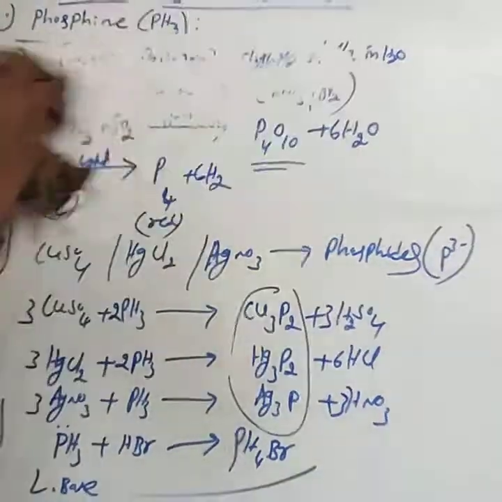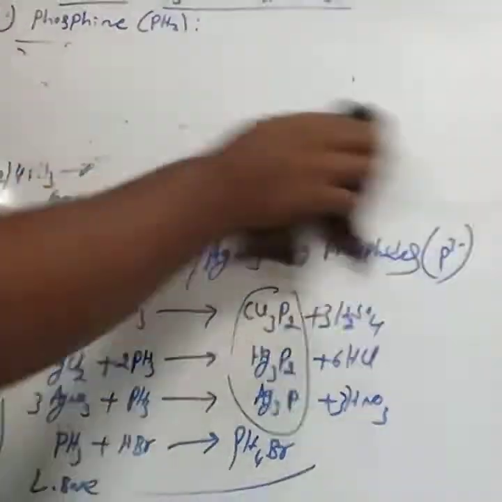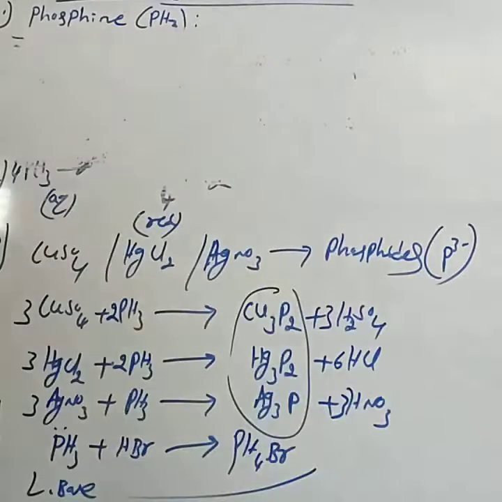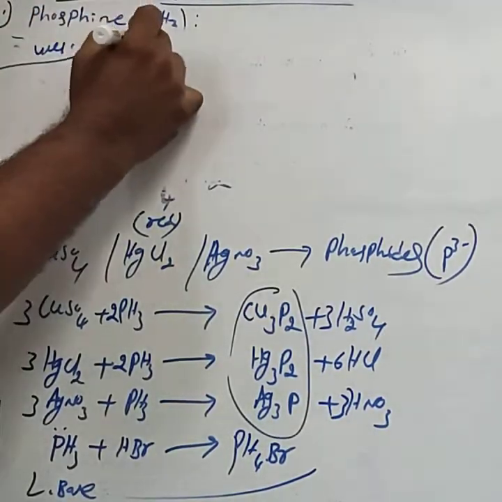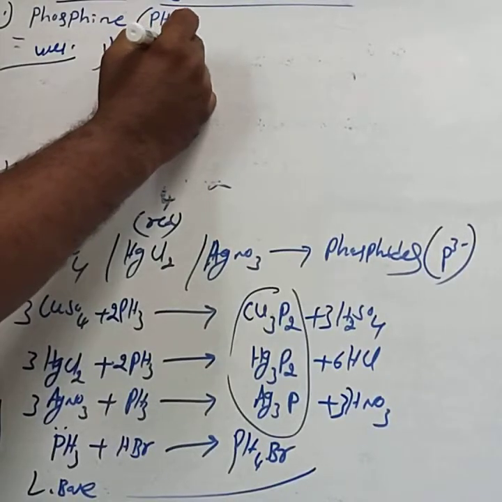Then the uses. The most important use of phosphine is in the Holmes signal.